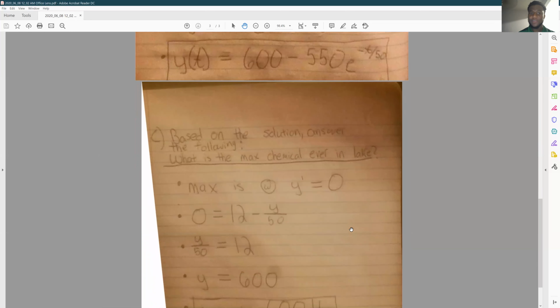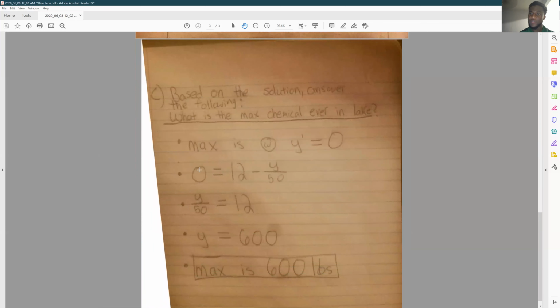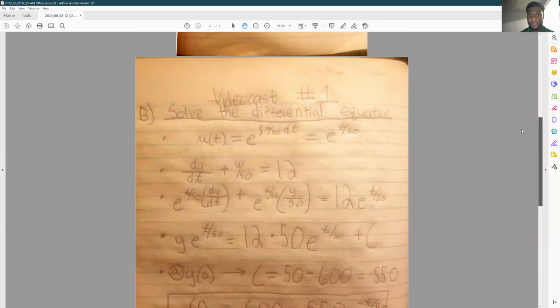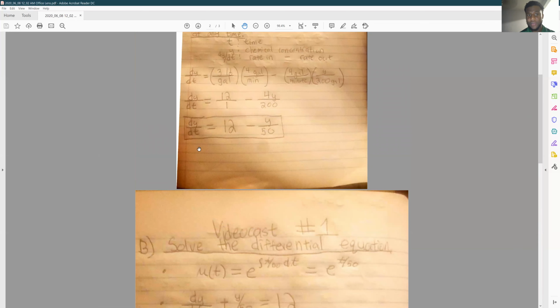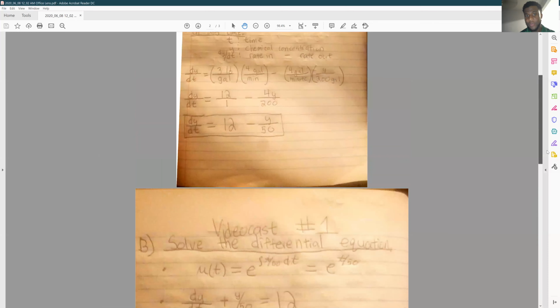Moving on to the last question, which solves the original question: what is the max chemical ever in the lake? We know that to calculate the max, we always want to put our Y prime equal to 0. So we can go back to our first differential equation and simplify that. So Y prime equals 12 minus Y over 50.